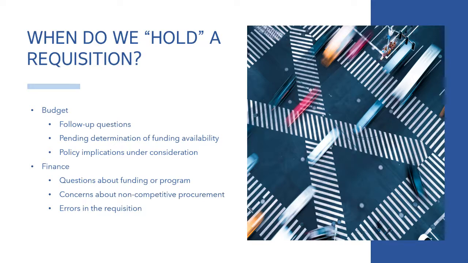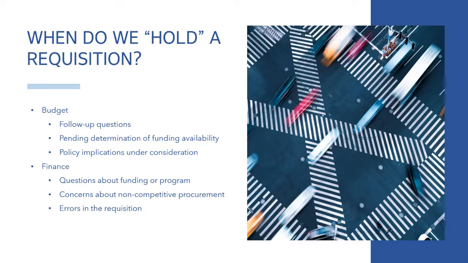So if the funding source is not solid, a hold will likely be placed and questions would probably be put to the agency. And lastly, if the policy implications of a particular requisition necessitate further review, either more broadly within OPM or perhaps within the state government at large through contact with sister state agencies, that could be a reason for a hold to be placed.